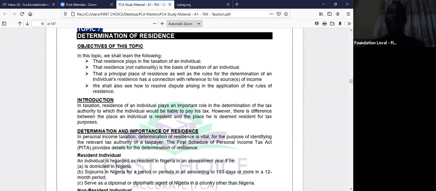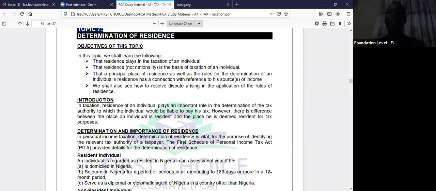And that's one. The second one is, if you are not permanently based in Nigeria, that means you sojourn in Nigeria. You come and you go, you're not based. But during the time you are in Nigeria, all the days amount to 183 days in the 12-month period.